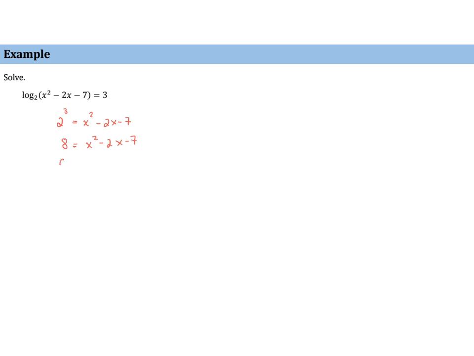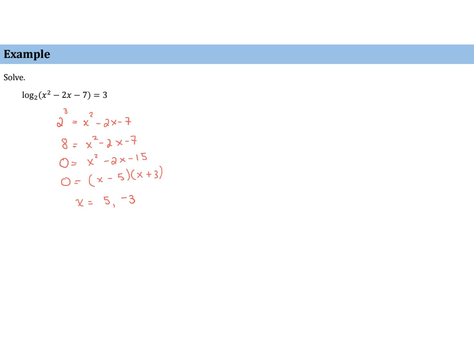This is quadratic, so let's get one side equal to 0. This factors into x minus 5 times x plus 3. So this gives us x equals 5 or negative 3.